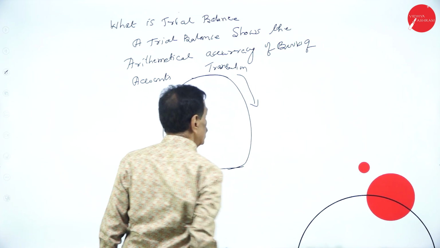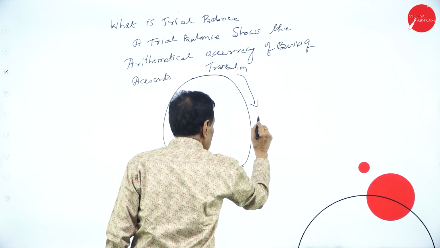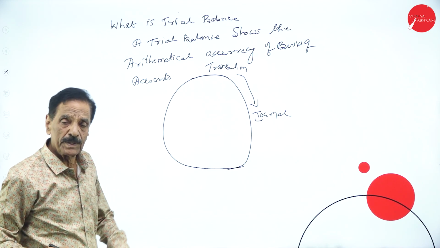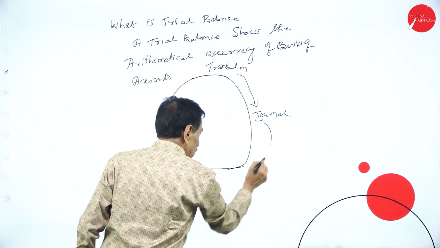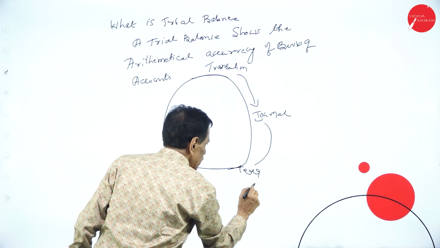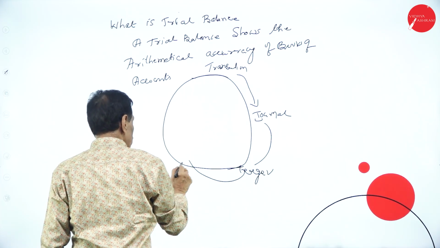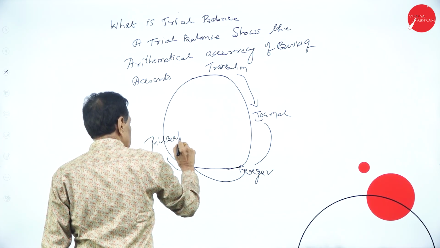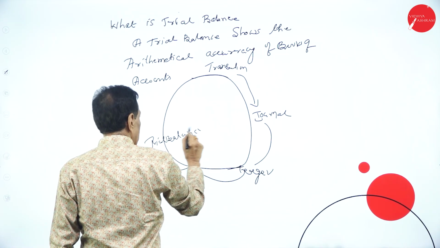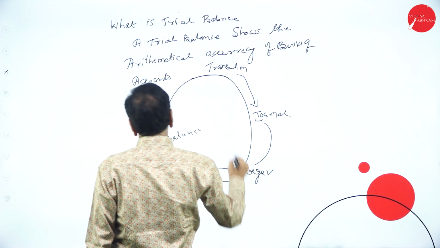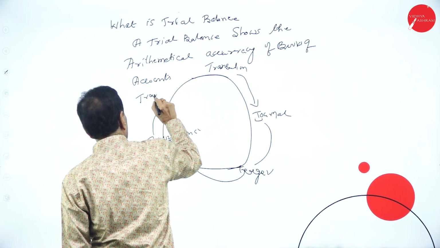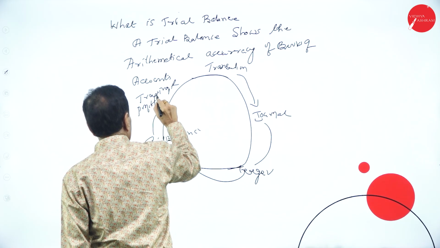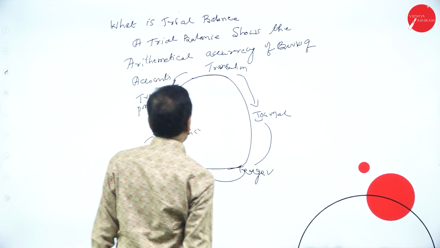Then it passed on to journal, spreading the transaction debit side as well as credit side, journal to ledger, ledger to trial balance, trial balance to trading and profit and loss account, then balance sheet.